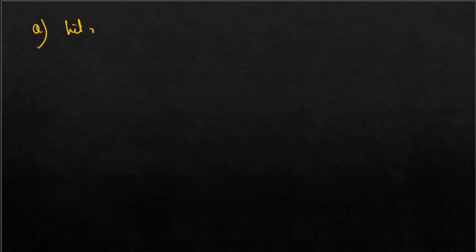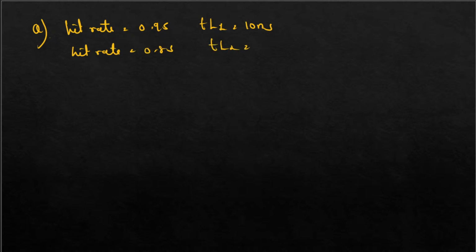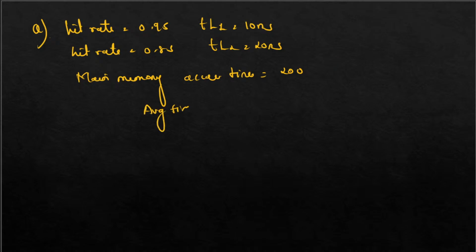Hit rate is given of L1 level, which is 0.9. Access time of level 1 is 10 nanoseconds. After that, hit rate is given of 0.85, TL2, which is 20 nanoseconds. Then main memory access time is given 200. Okay, so they have asked for average time.